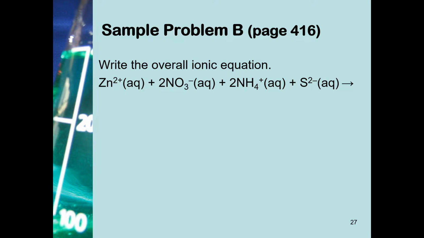And the same thing for the ammonium sulfide, we had a parentheses around the NH4 and a 2 subscript after that, so we have to put a 2 in front of it now because there's 2 ions. And then the products are zinc sulfide, which we have identified as being the precipitate, and ammonium nitrate, which is still dissolved in water.